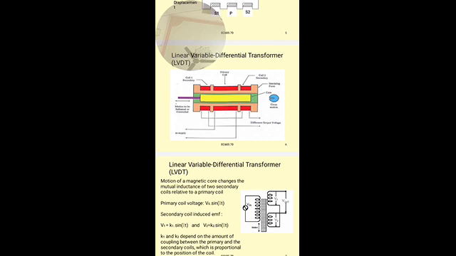When the core is moved towards the left side, in this position the linking flux at the winding is different.